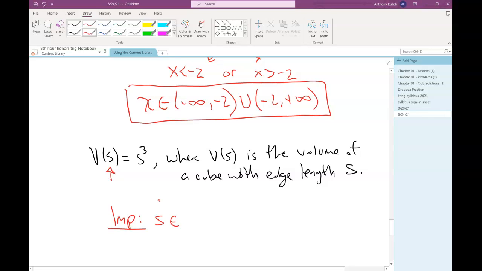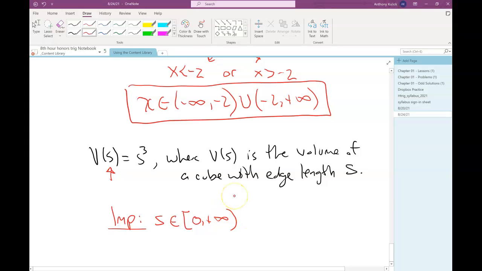I'm not going to quibble on a problem like this. I wouldn't mark it wrong whether you included 0 or did not include 0, because we didn't really give you enough information about how we're defining a cube. Depending on the definition you use, a 0 length sided figure, you could count as a cube or you might not, depending on what you're using it for.